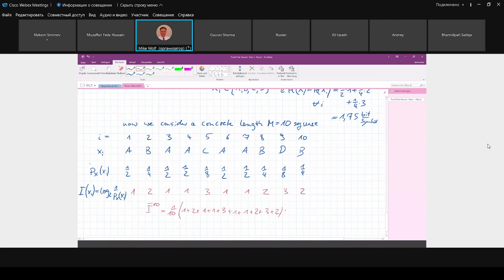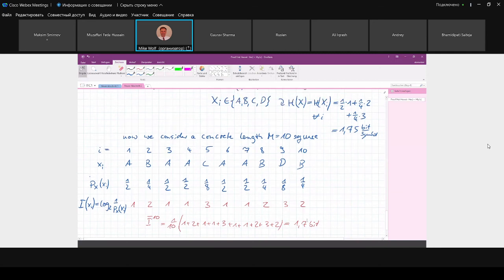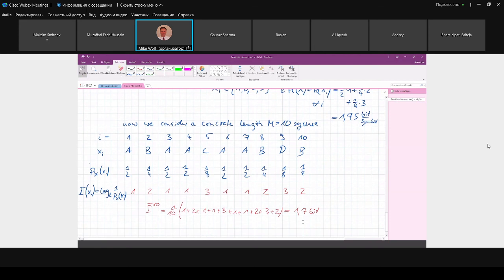And the result is, let's say, 1.7 bit. And you see again a difference. It's 1.7 bit. And if I repeat this, a new trial, I get a different result because it's random.